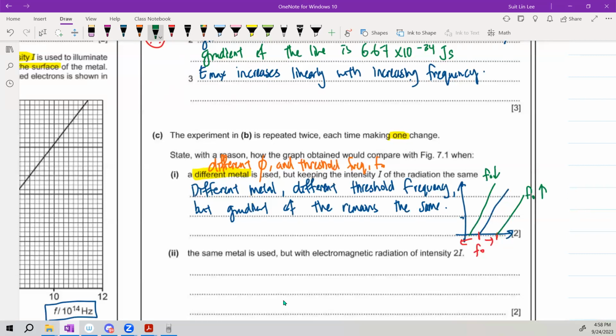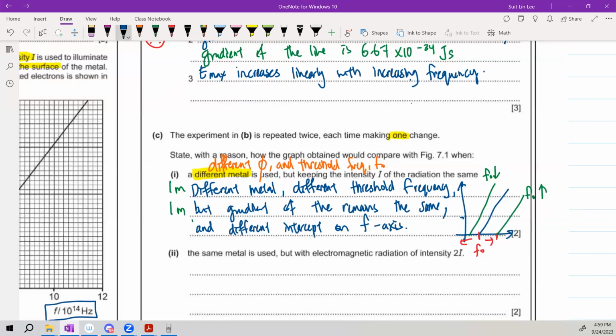No information, so you just say different metal, different threshold frequency, and the gradient remains the same. If different threshold frequency, right, then different intercept on the f-axis or the horizontal axis.